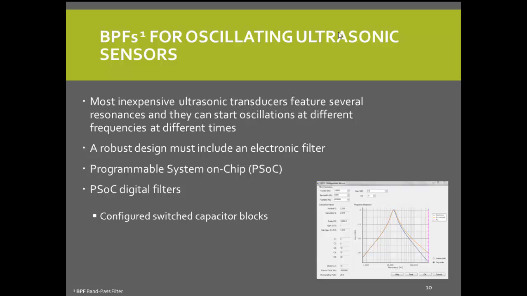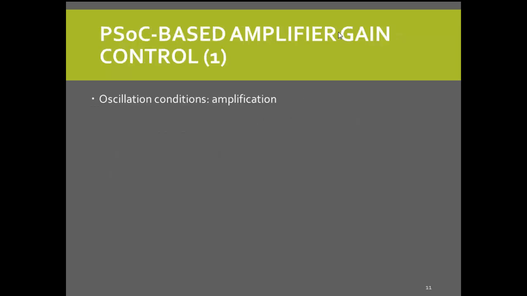This bandpass filter integrated in these PSOCs operates based on switched capacitors, and one of the most important properties of these filters is that they can be adjusted during the operation runtime. And using one single chip that includes the bandpass filter and amplifier would reduce the cost.